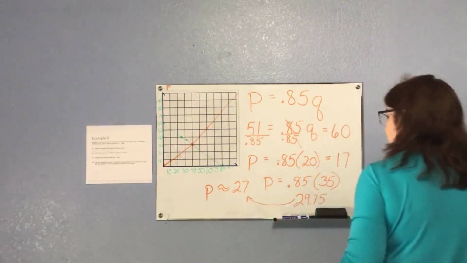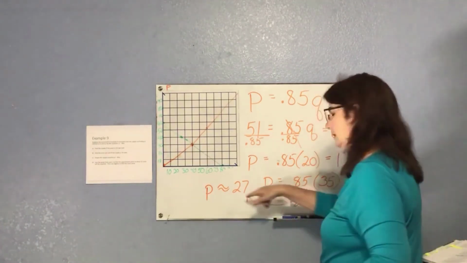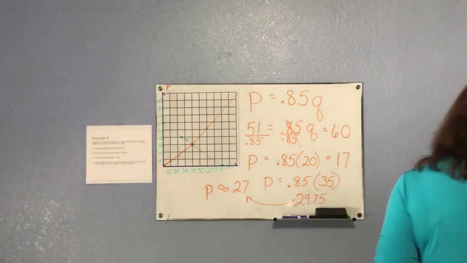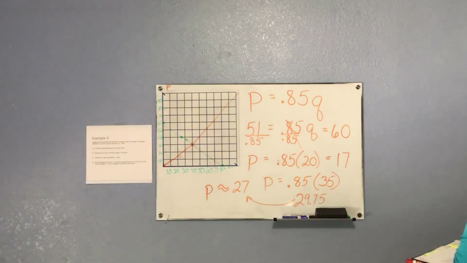So my estimate was a little bit low, but reasonably close. And when the supply of a quantity exceeds the demand, we say there is a surplus of supply. When demand exceeds supply, there is a shortage of supply.